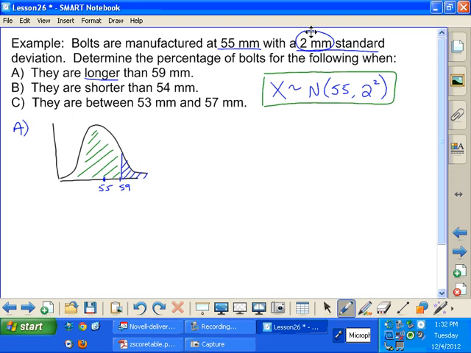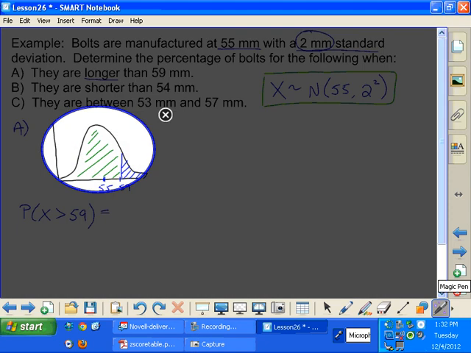So if we want to find the probability that a bolt is going to be longer than 59 millimeters, we have to do the indirect approach here. We know that the area under the curve is equal to 1, which goes back to the properties in the first video of this lesson.